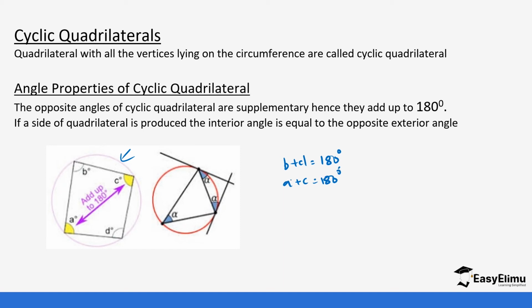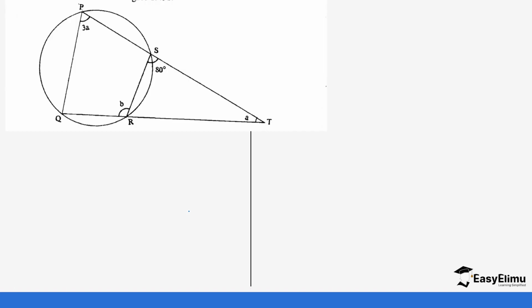And then just remember that if you have angle A, for example, and there is an exterior angle opposite that angle A, then they are equal. So this angle here is equal to this angle here. We're going to see some examples to be able to understand these two properties. So let's look at those examples.